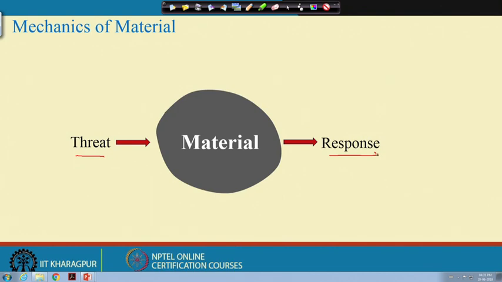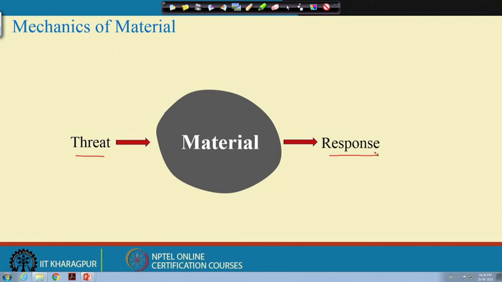And that threat could be different. That is very subjective; it depends on for what purpose we are using this material, and under what circumstances, under what environment the product will be exposed.